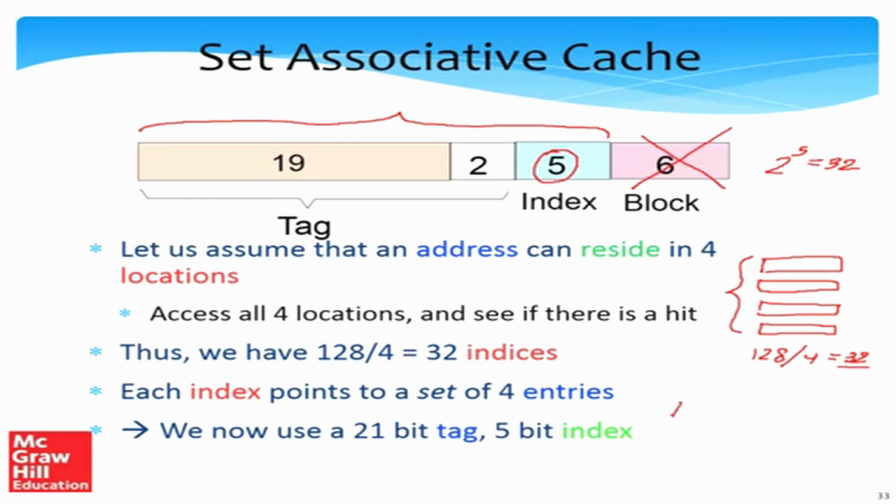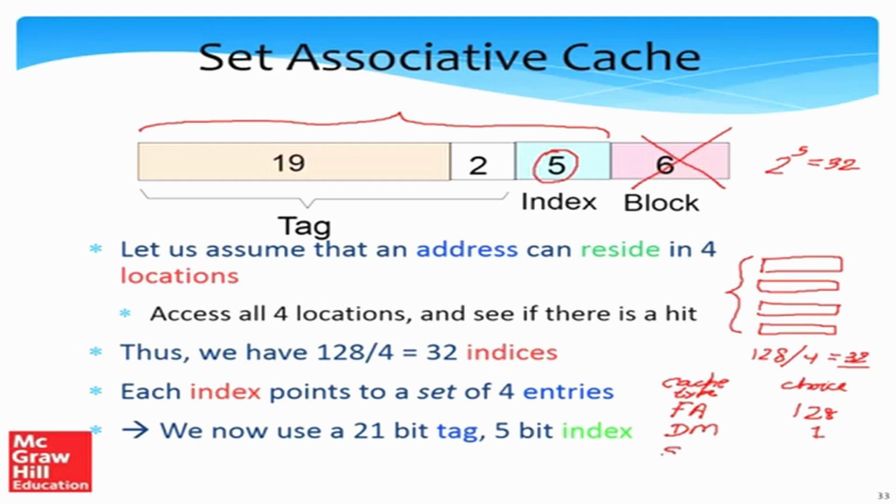So in a fully associative cache, let's talk about the choice. We had a choice of 128 entries, so a block could be there anywhere. In a direct mapped cache, we had a choice of only one entry.